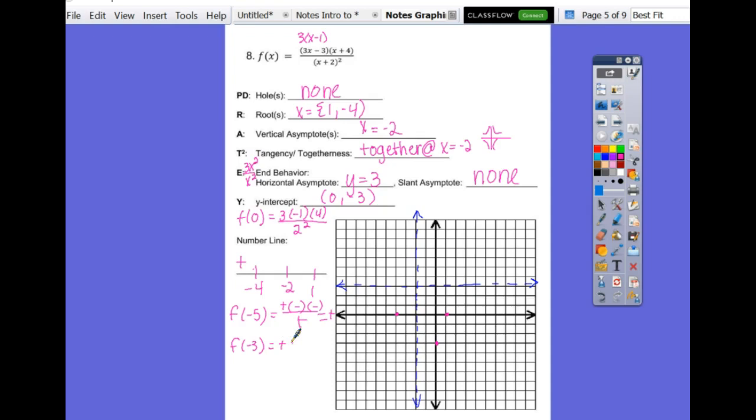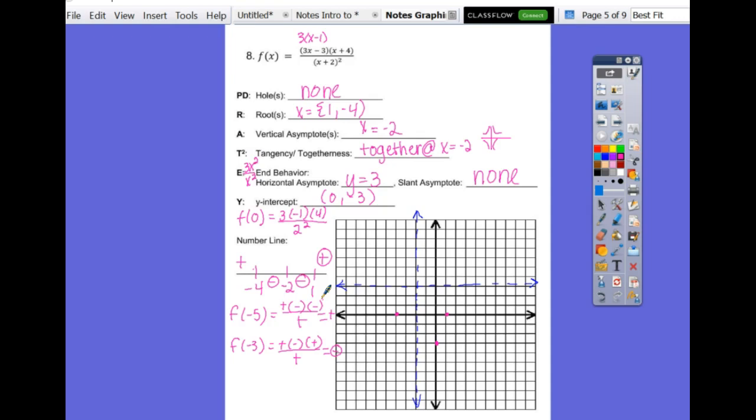The -3 would give me negative, and then positive. And on bottom, I would get negative squared, which would be positive. So this is negative. If this is negative, this also has to be negative because they're together. And then this would have to go back to positive because it would alternate. So on this side, this is going to be positive.